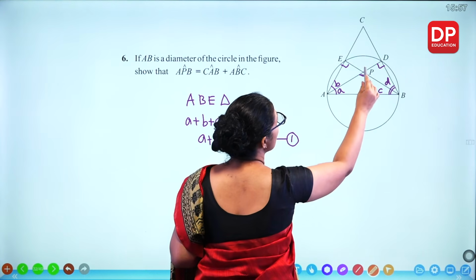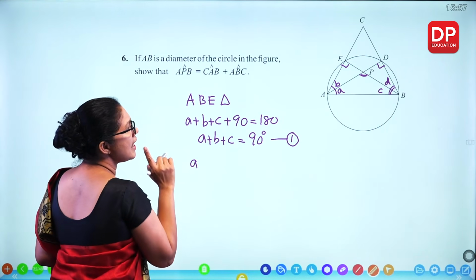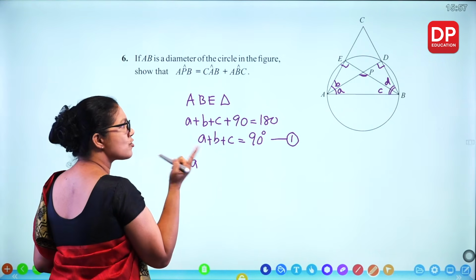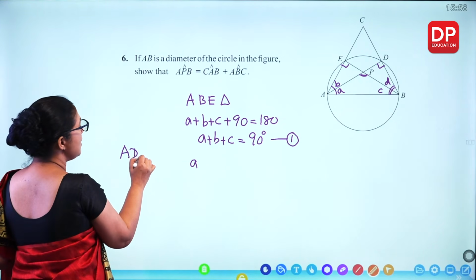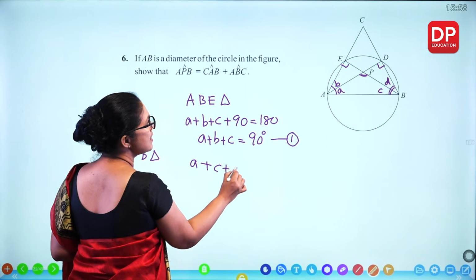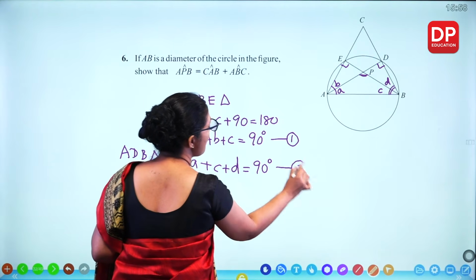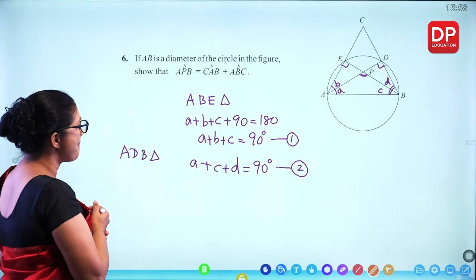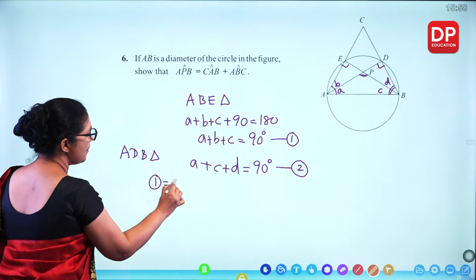What's the relationship here? Again, A plus B plus C is 90. I can write A plus C plus D is also 90. When you take the ADB triangle, A plus C plus D is also 90 degrees. 1 and 2 both are equal.